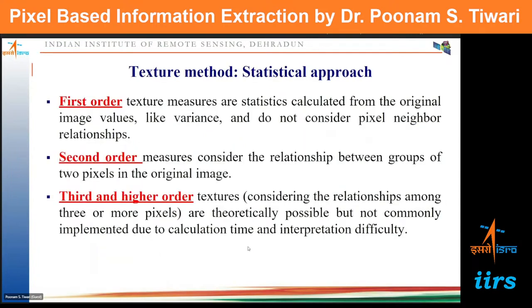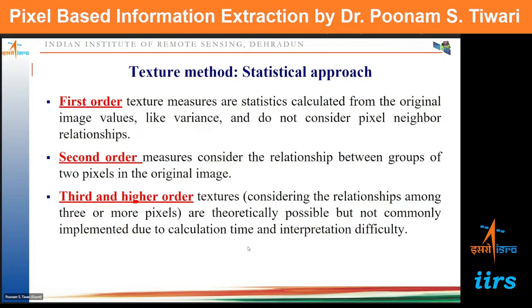Within the statistical approach, there are certain levels of image textures that can be calculated. Either you can calculate the image textures or the statistics only using the digital numbers that are there in the image. Such types of image textures are called first order textures.